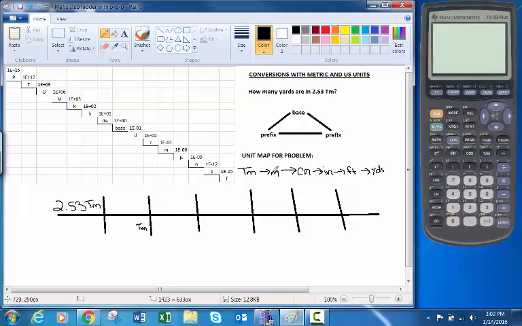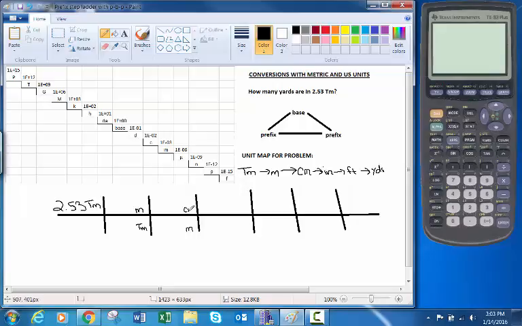We know from our unit map that we're going to convert terameter into meter. So meter is going to be the unit that we put above terameter. Just like we said before, whatever unit is on top, that is the unit that must go to the bottom. So we'll go ahead and put meter here. According to our unit map, the next unit that we're going to convert to is centimeter.